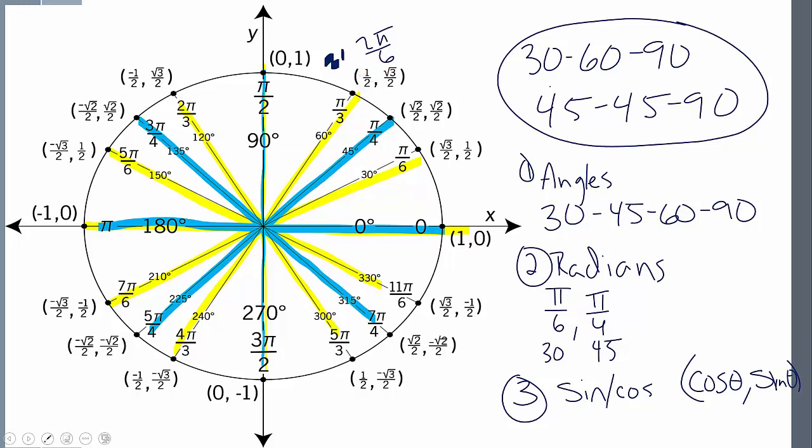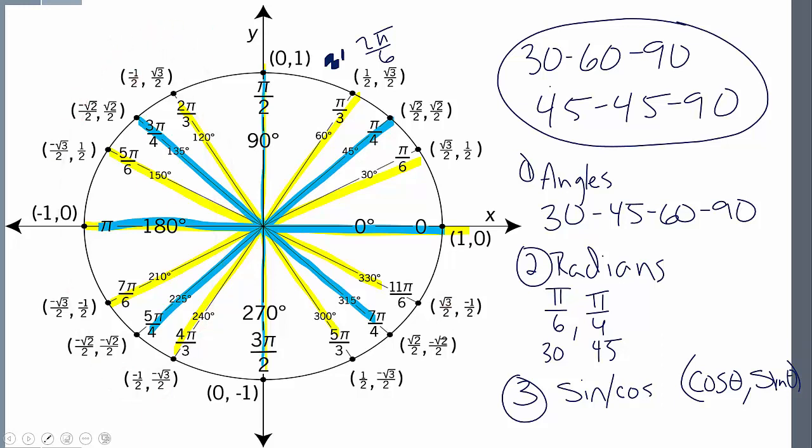The last little piece here, and I'm just going to close with this, is the positives and negatives. The positives and negatives follow what they normally would for an XY graph. For example, the x values: my x and cosine values on this side of the x-axis are positive. That's why all of my x values are positive. On this side of the x-axis, they're negative.